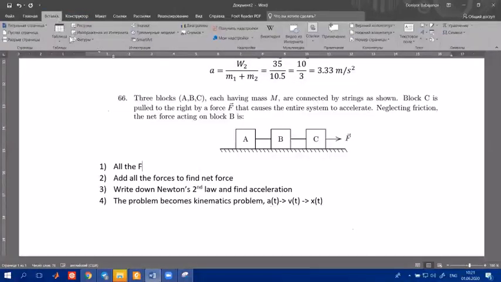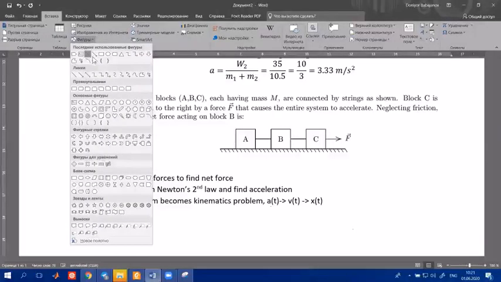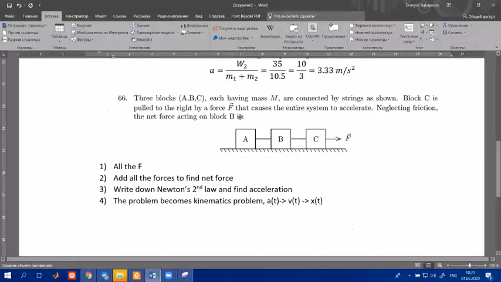Let's concentrate only on horizontal forces. So let's write the horizontal forces acting on each body. There is no friction, neglecting the friction. If no friction, then only tension forces act on each body.